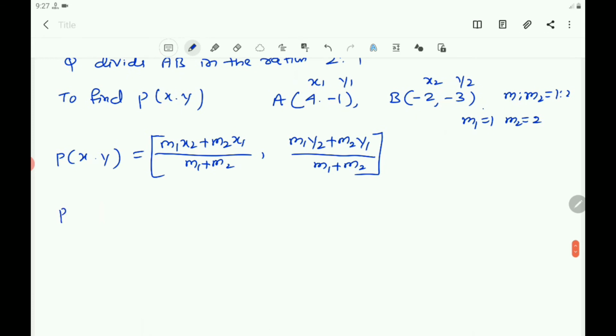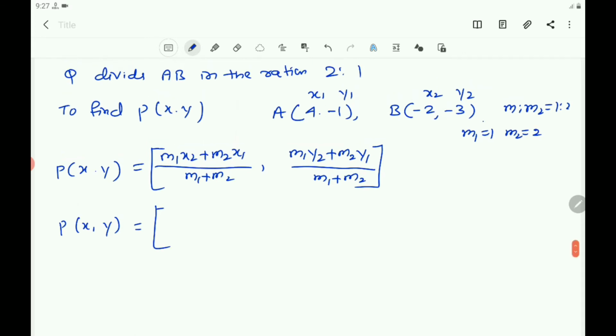Then P of (x, y) equals m1 is 1, x2 is -2, plus m2 is 2, x1 is 4, by m1 plus m2, that is 1 plus 2.